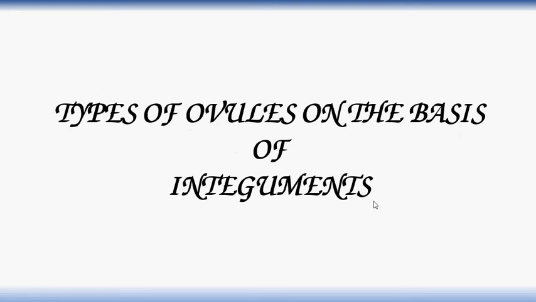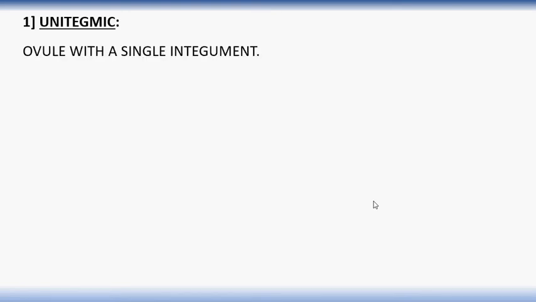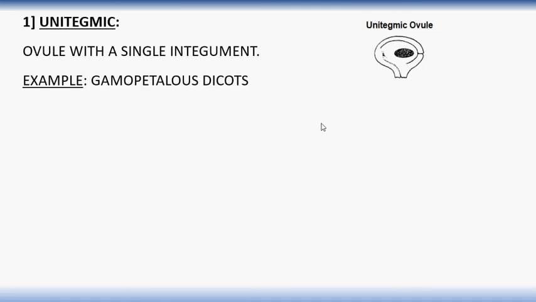Types of ovules on the basis of integuments. First type, unitegmic: ovule with a single integument. Look at this photograph. The entire ovule having only one integument is a unitegmic ovule. Example: gamopetalous dicots.